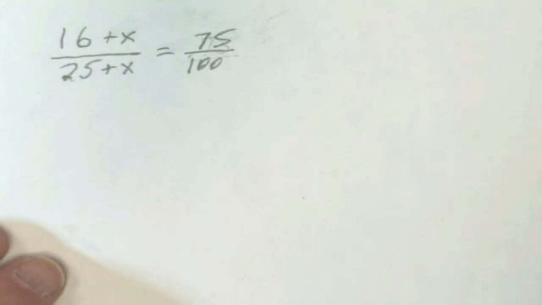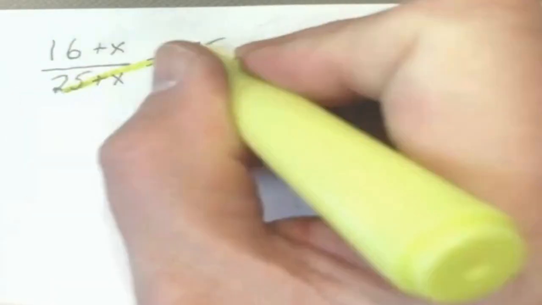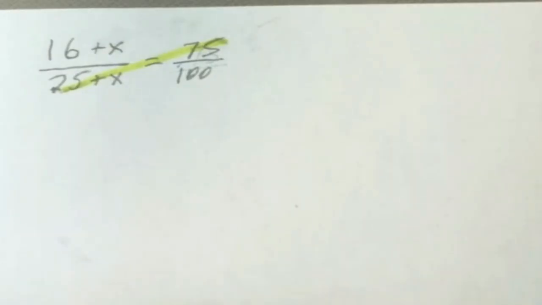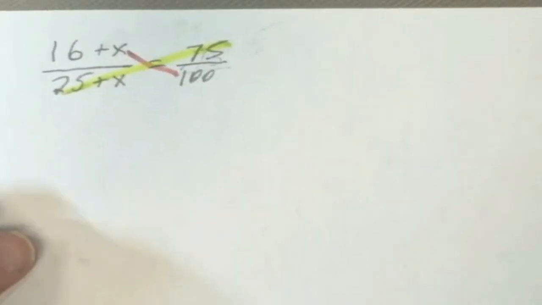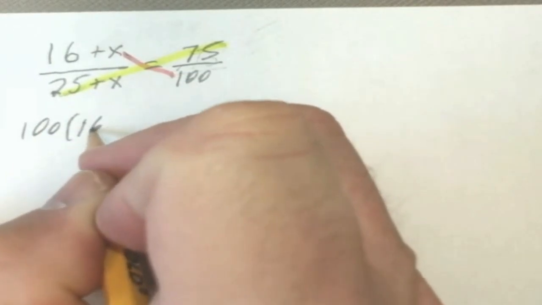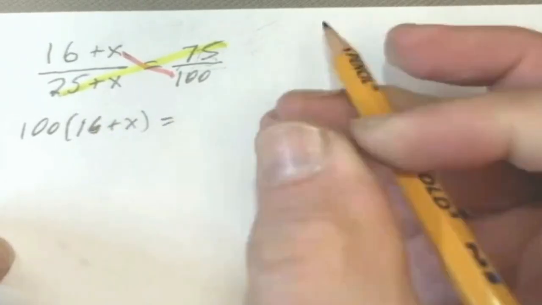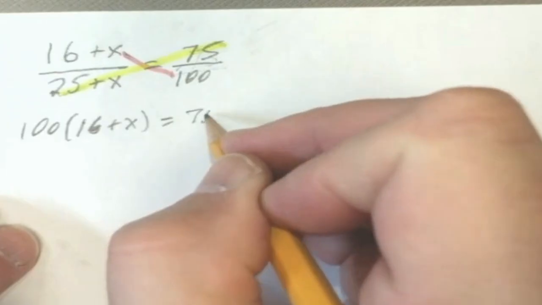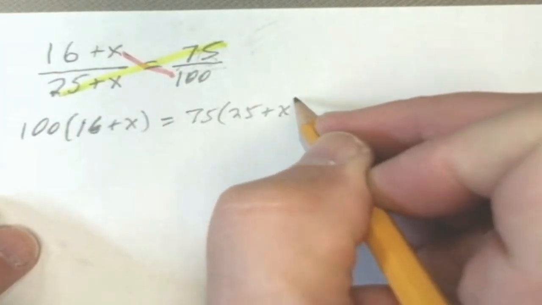Start out by cross multiplying. Multiply that. Multiply that. I'm going to do 100 times (16 plus x) equals 75 times (25 plus x).